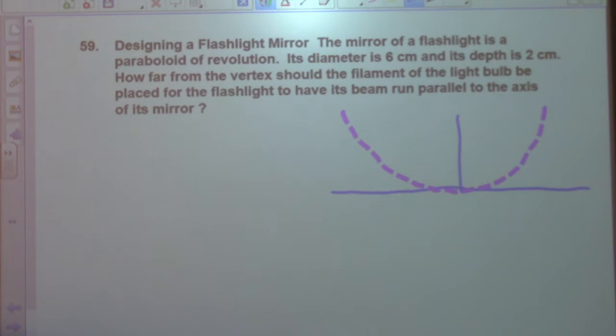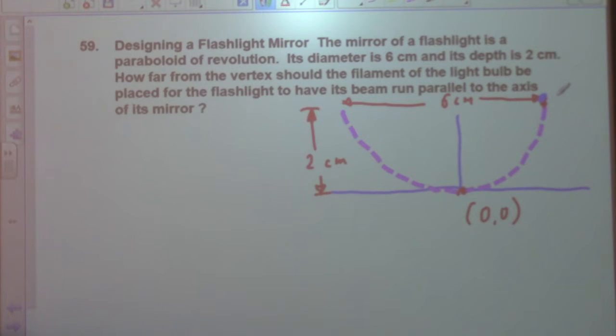Basically you have your vertex here at 0, 0. And if you have a flashlight that's 6 centimeters in diameter, so if this is 6 centimeters from here to here, and you have a depth here of 2 centimeters, then if we have a vertex and one other point, we can find our equation.